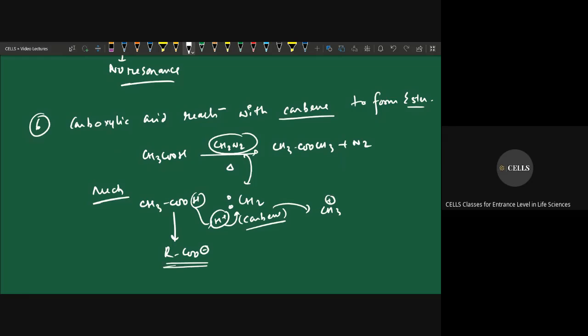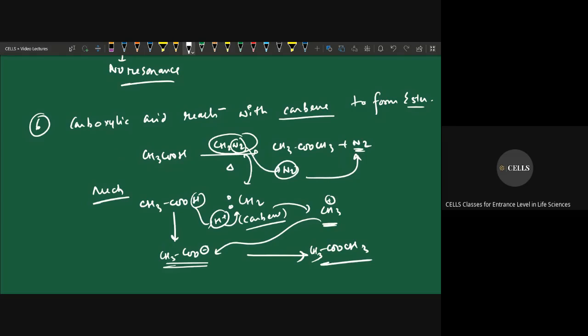This is RCOO minus, this is CH3 plus. Positive attracts the negative. This will come and bind over here to form RCOOCH3. Here the R is CH3, so it will be also CH3. What came out is the N2 that is present over here.